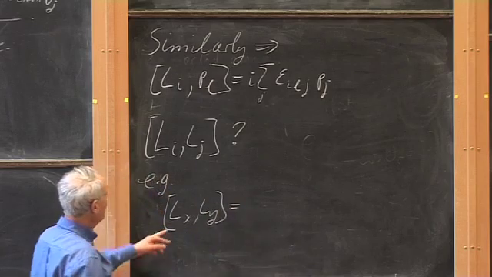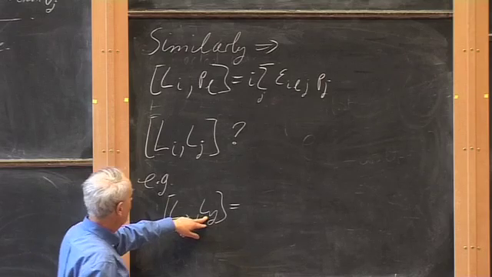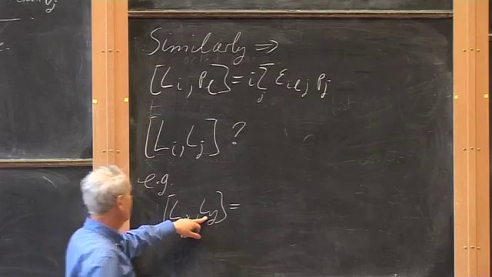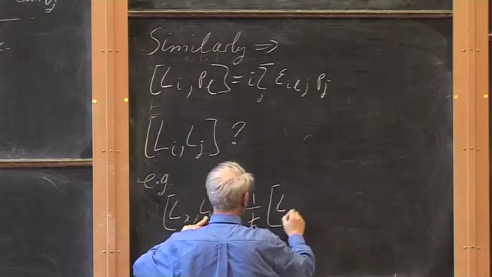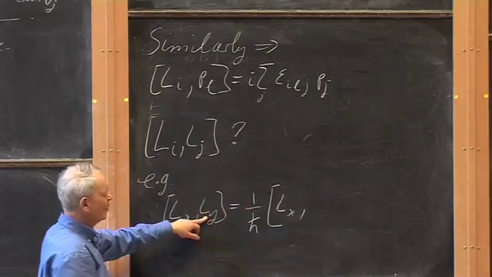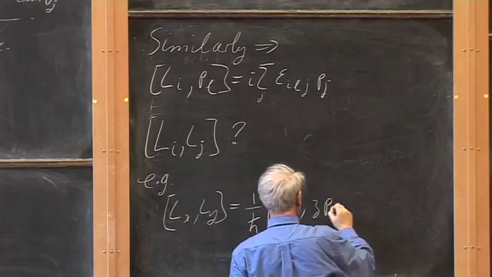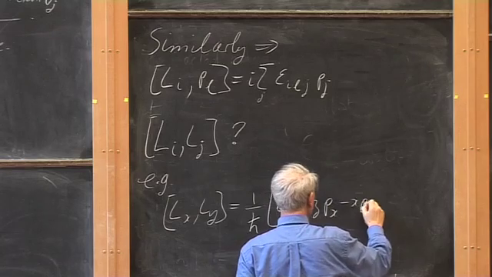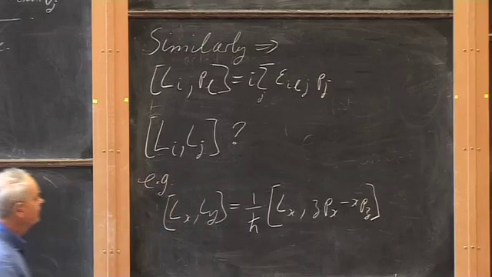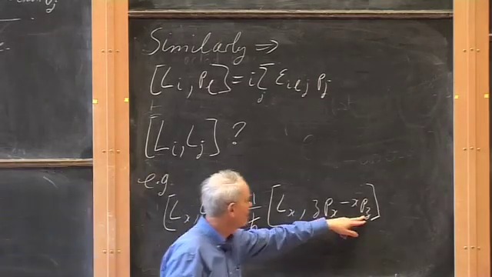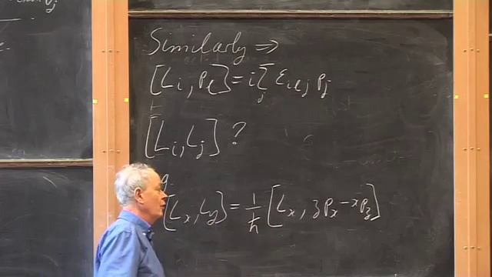What we do is we replace one of these, shall we say this one, by its expansion in terms of x and p. So this is going to be 1 over h bar of [Lx, Ly]. What is Ly? Ly must be, I think, z px minus x pz, divided by h bar, if I've not got my signs wrong.